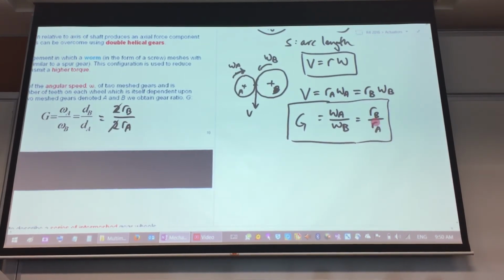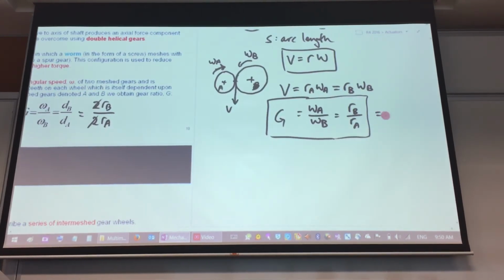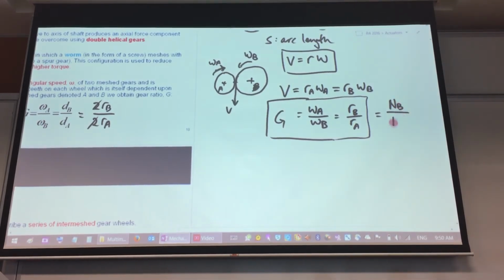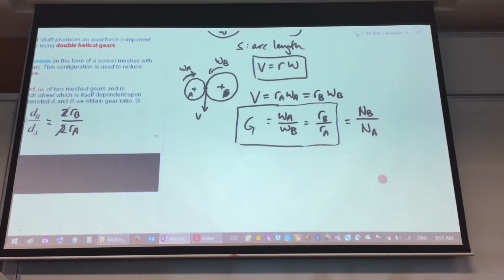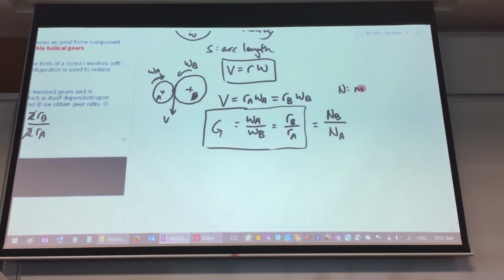What is not covered in your notes, actually we can prove that the number of teeth for B over number of teeth of A also will give you the gear ratio. There's a proof behind it, but I wouldn't spend time on that. So this N over there is number of teeth.